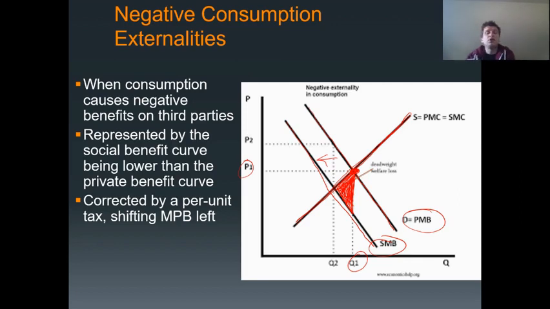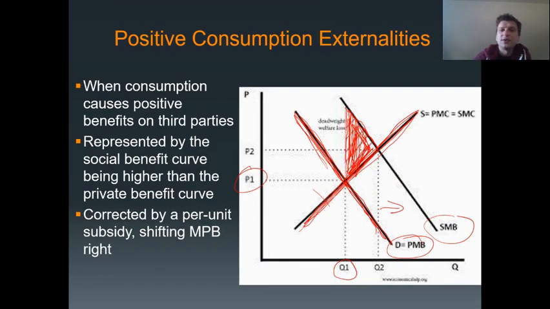When it's lump sum, it doesn't change consumption or production. So here we have a per unit tax, shifting MPB left and taking us down to the Q2 level, which is what society wants us to be at. Much like with our positive consumption, we moved from Q1 to Q2 because society wanted us to have a quantity of Q2.